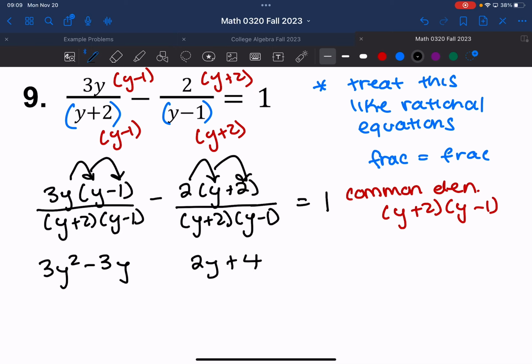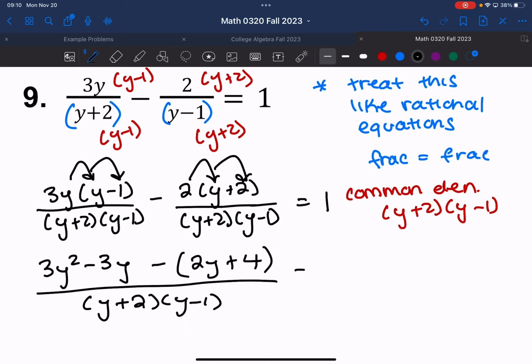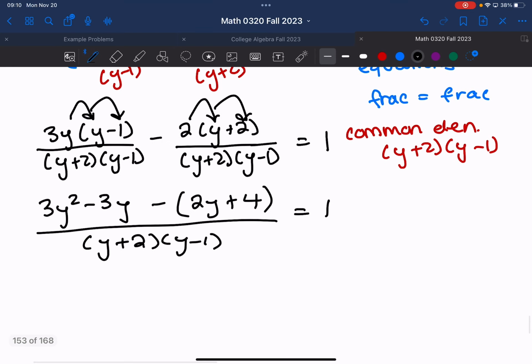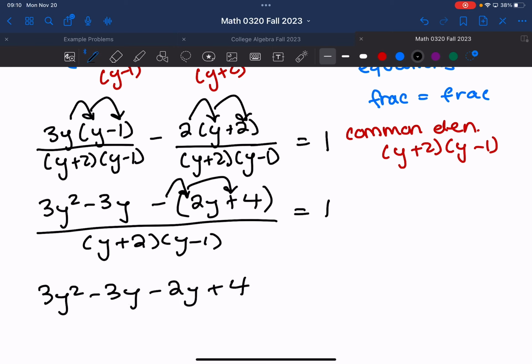This second part is being subtracted, so I'm going to have to keep it in parentheses, and this whole thing is now over y plus 2, y minus 1. Still going back to simplify the numerator, I'm going to distribute that negative in. It's going to change the signs. And I have 3y squared minus 3y minus 2y plus 4.